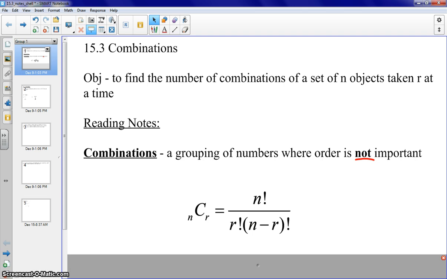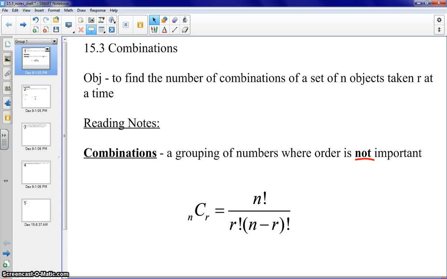So n choose r is equal to n factorial over the quantity r factorial times the quantity n minus r factorial. Again, this is very similar to permutations. There's a slight difference: we have that r factorial in there.